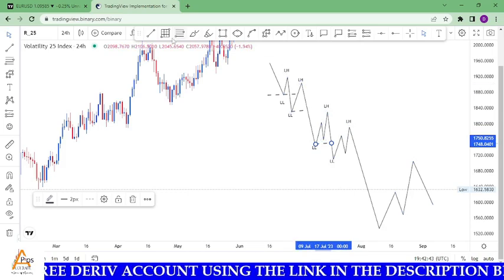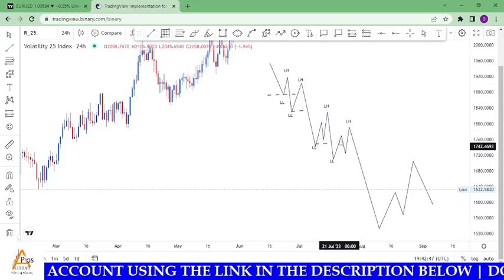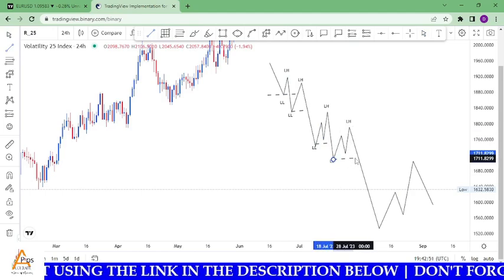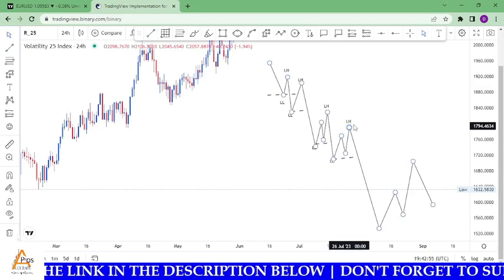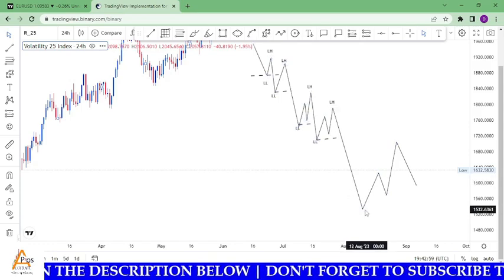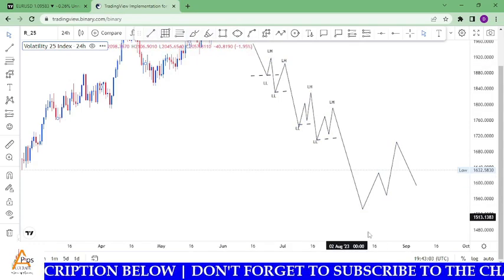Then we have the next point here. After this is taken out, we have this low confirmed by this inducement, but later taken by this guy to give us the next confirmed lower high and then lower low.